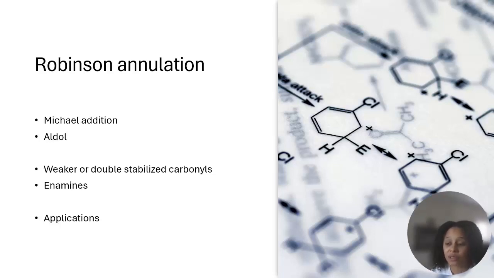A lot of pharmaceuticals have rings. If we talk about new materials for plastics and things like that, a lot of our polymers are in rings, and so it's very important that we learn how to effectively make a ring.